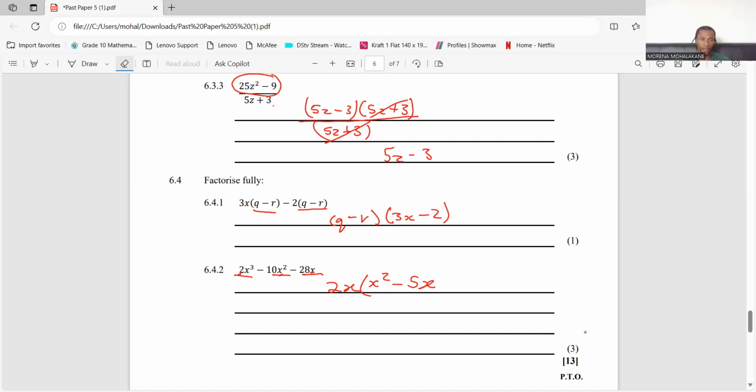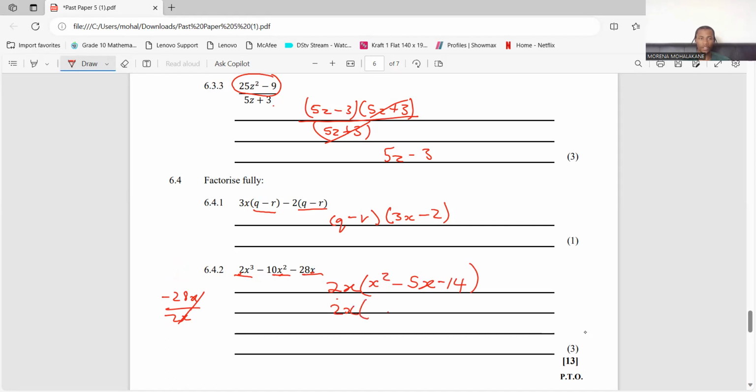You have next negative 28x divided by 2x. X eliminates the x. Negative 28 by 2 is going to give you a negative 14. There's your final answer, right? So you have 2x.